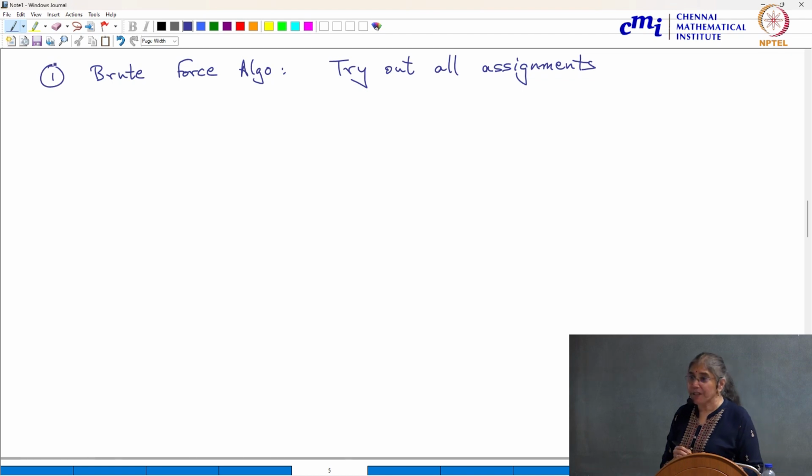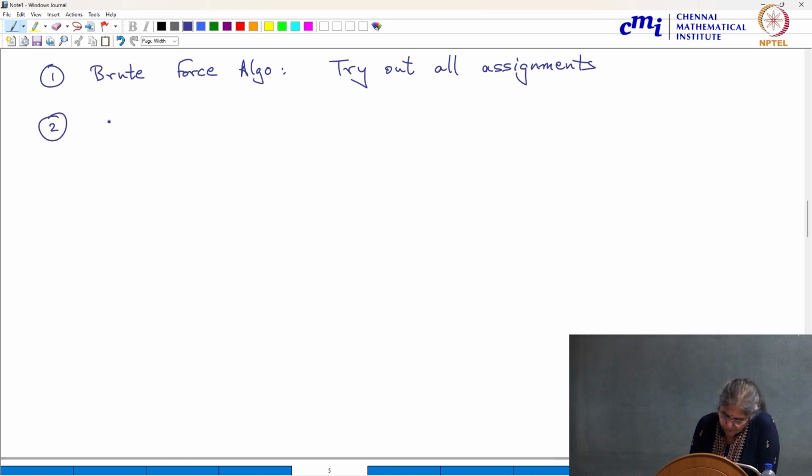If we do this, then you can see that on yes instances, the proof would be the assignment that is found, and you don't know whether you're lucky and you find it early on or whether you're unlucky and it comes much later. But if the answer is no, the proof is always going to be of length 2 raised to n. There is no shortcut proof in this case. So clearly this is not the brute force algorithm that those guys did, because for no instances, there is no shorter proof in this case.